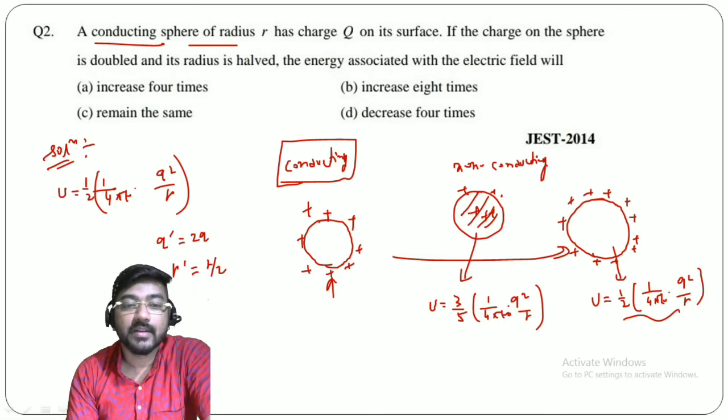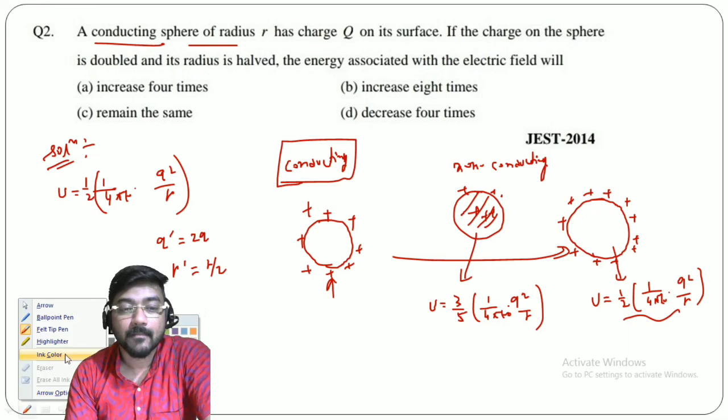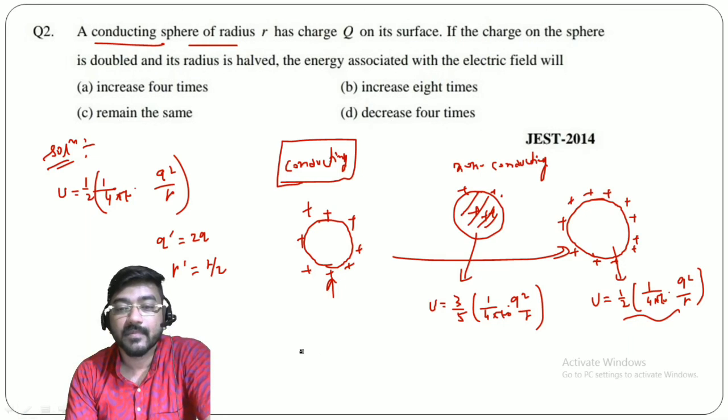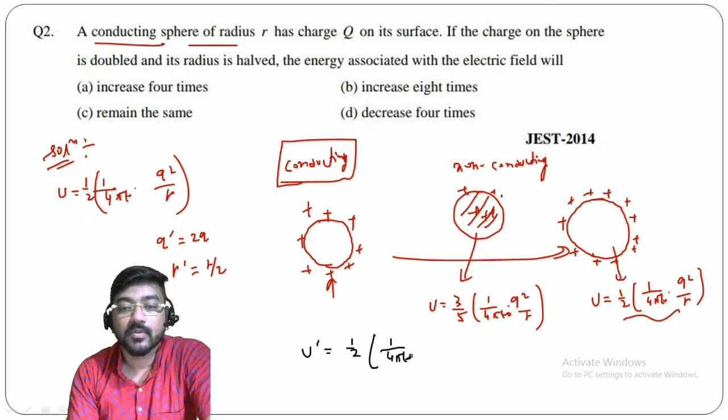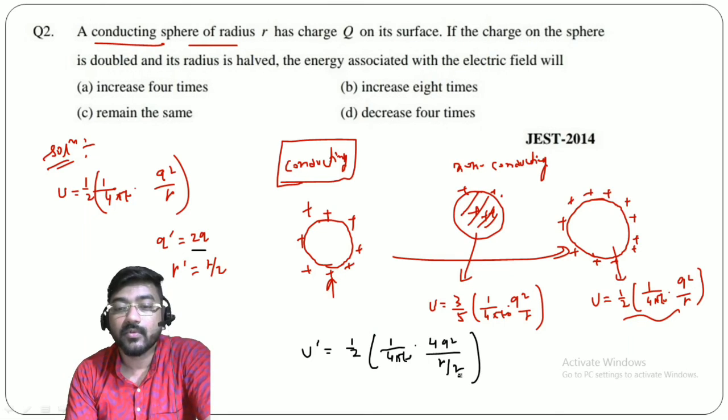In that case we will have U dash. So what will be U dash? U dash will be half into 1 upon 4 pi epsilon naught. Instead of q, if you put 2q, it will be 4q square, and instead of r, if you put r by 2, so this 4 and this 2 give 8.